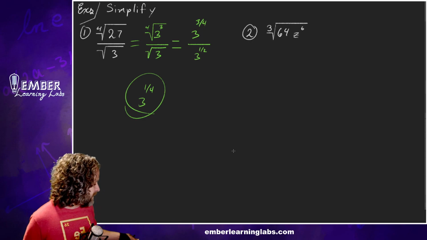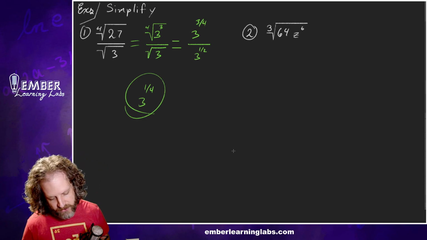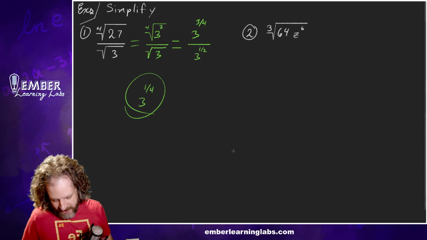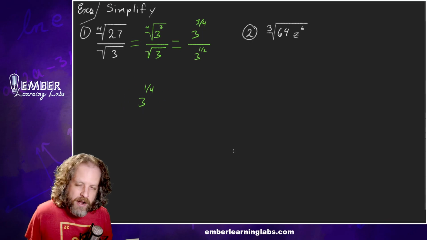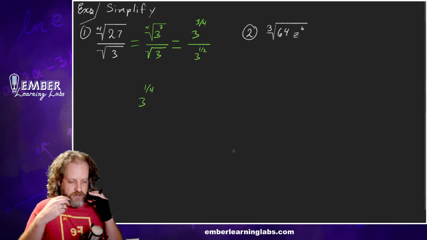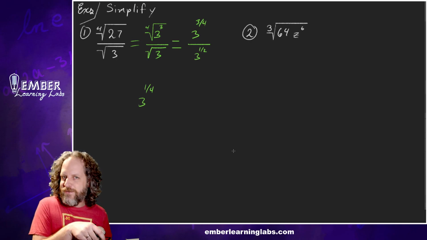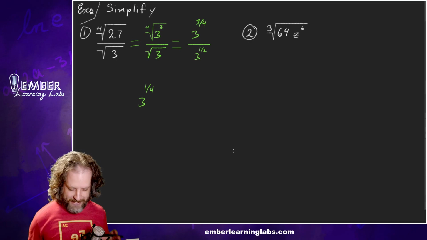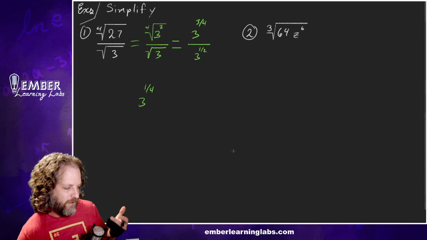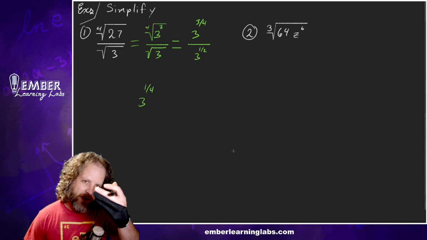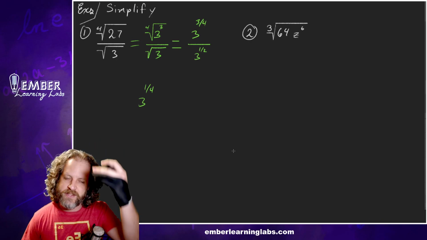Or if we wanted to, we could convert it back. Usually in math, we want to leave things the way we found them. And by that, I mean, if we started with fractions, end with fractions. Don't start with fractions and end with decimals. Don't start with decimals and end with fractions.